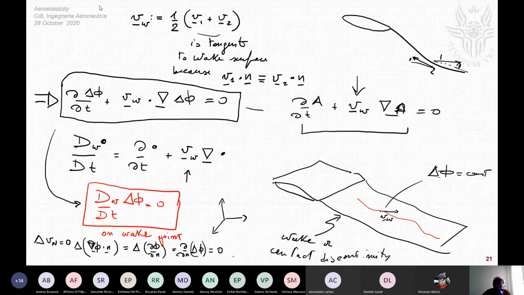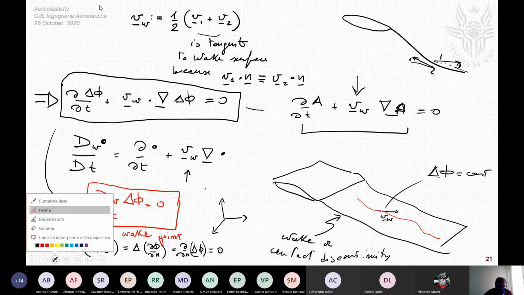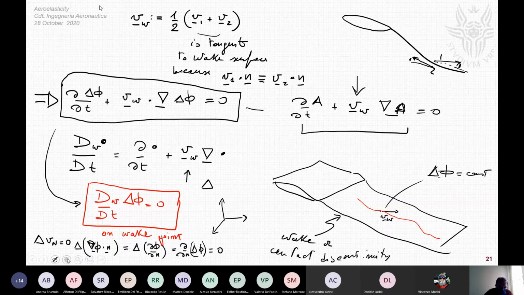So this is the second condition in this form, which is equivalent, to be applied together with the first one.